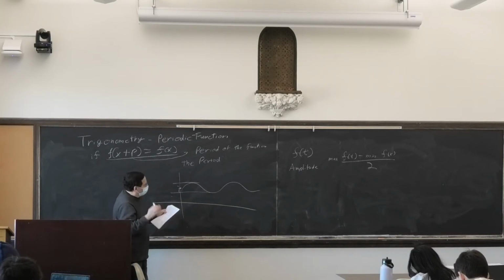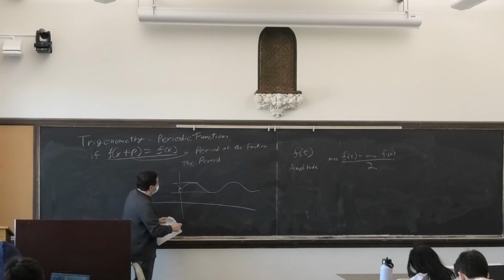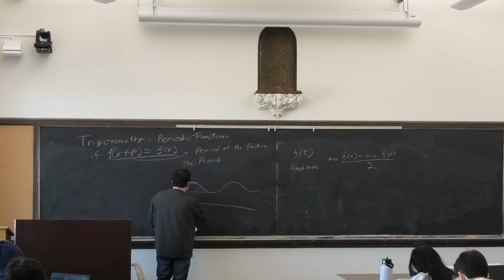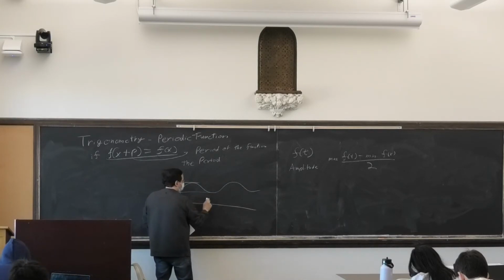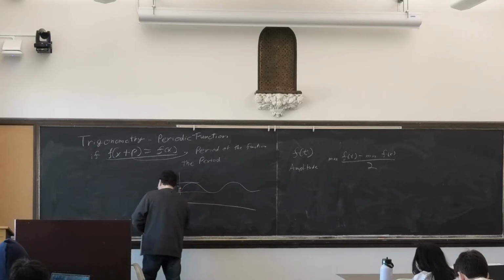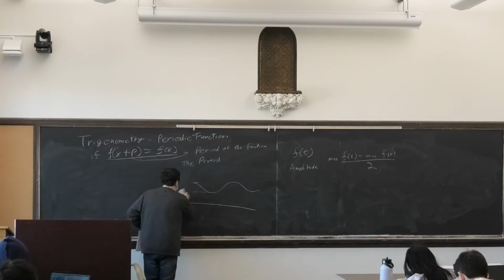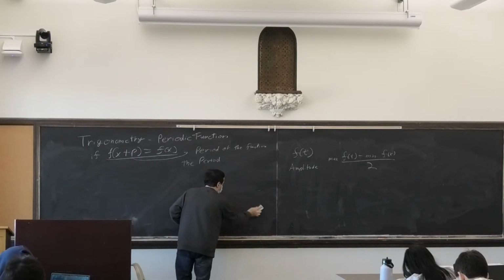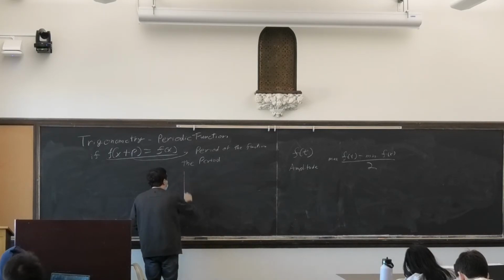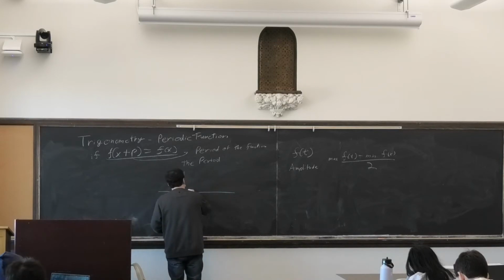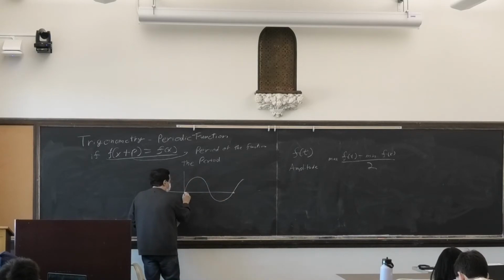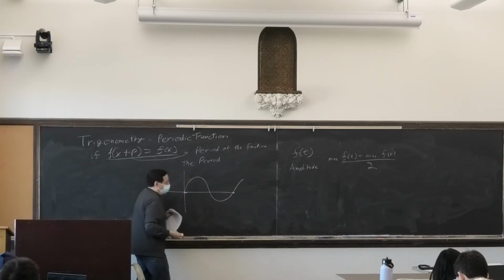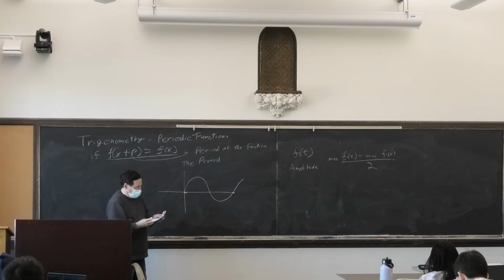Now here's something that even confuses me. I have to kind of think this through clearly. So we have a period. I guess I'm going to redraw this as a more standard sine wave. So the period is the smallest period.